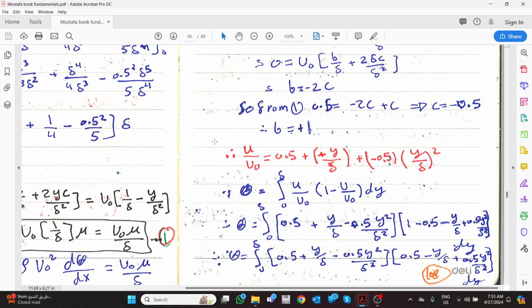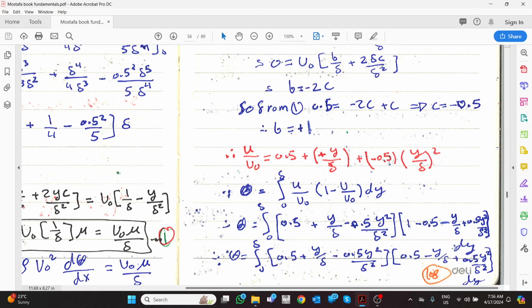Now while we have the function of the velocity, we can start directly with the steps. Momentum thickness: u is a function multiplied by 1 minus u over u naught. I just put the same equation here.